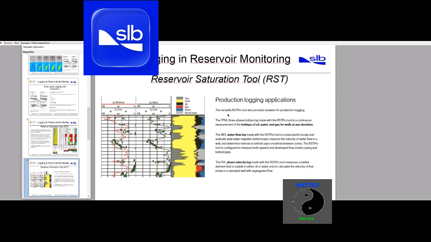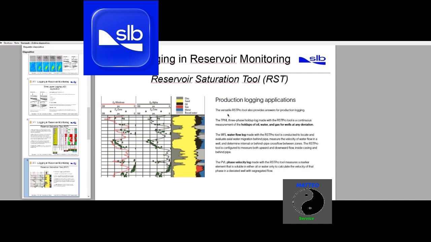The water flow log made by this kind of tool is used to locate and evaluate axial water migration behind pipe, measure the velocity of water flow in wells and determine the time of internal or behind-pipe cross flow between zones.